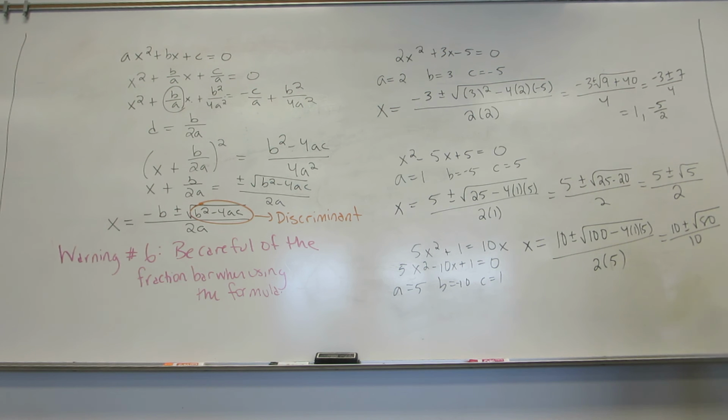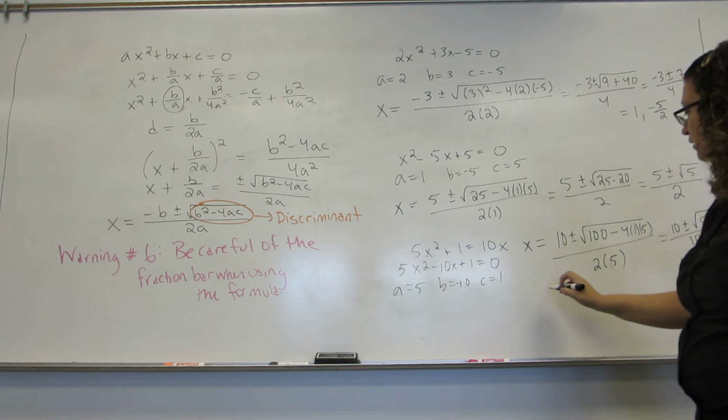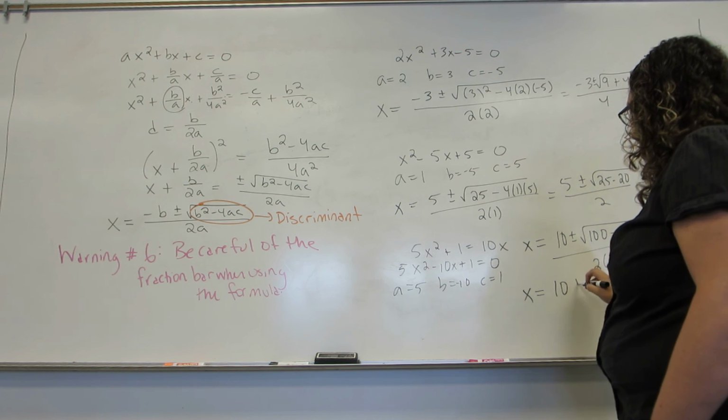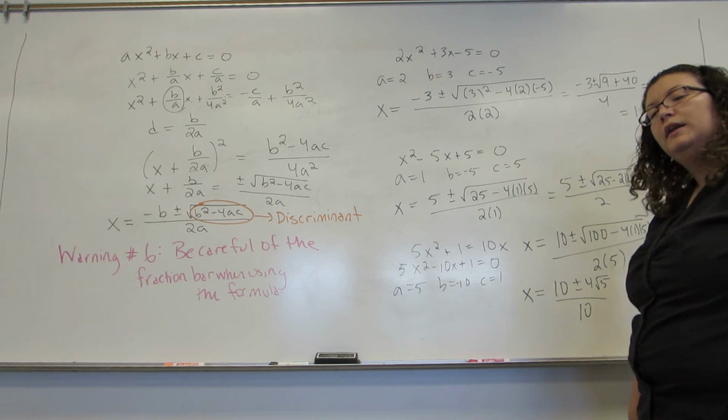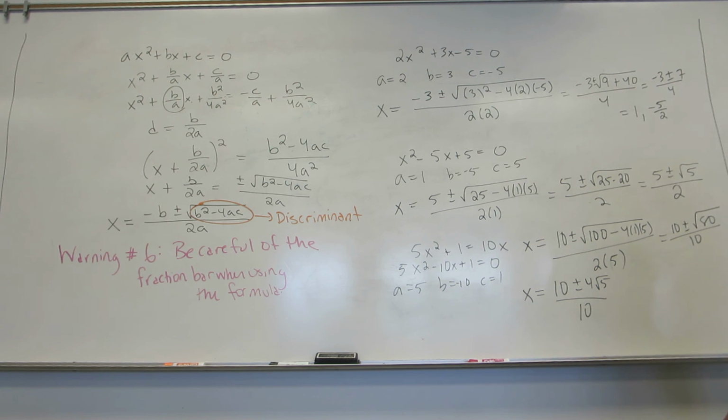Now, square root of 80 can be cleaned up. It is 16 times 5. So we get 10 plus or minus 4 square root of 5 over 10. Now, you're not quite done yet. You can clean this up. But you have to be very, very careful how you simplify terms you get out of the quadratic equation. I can't just cancel the 10s because of the plus or minus there.